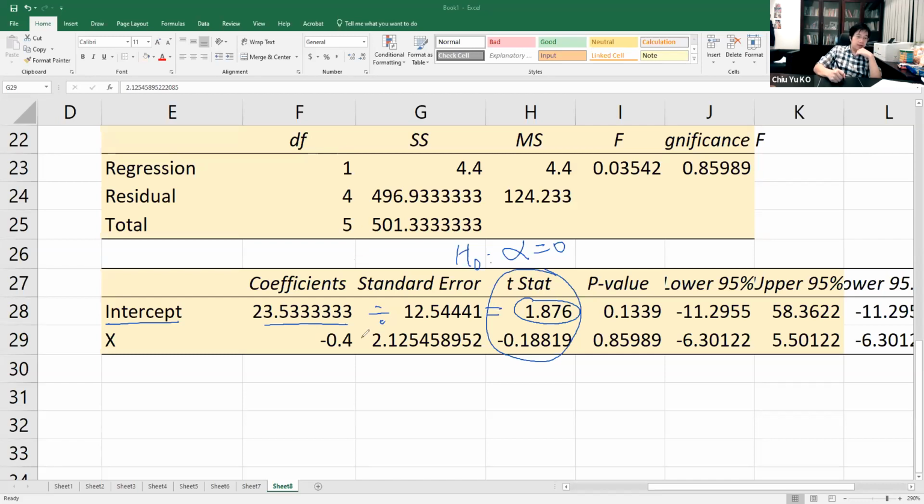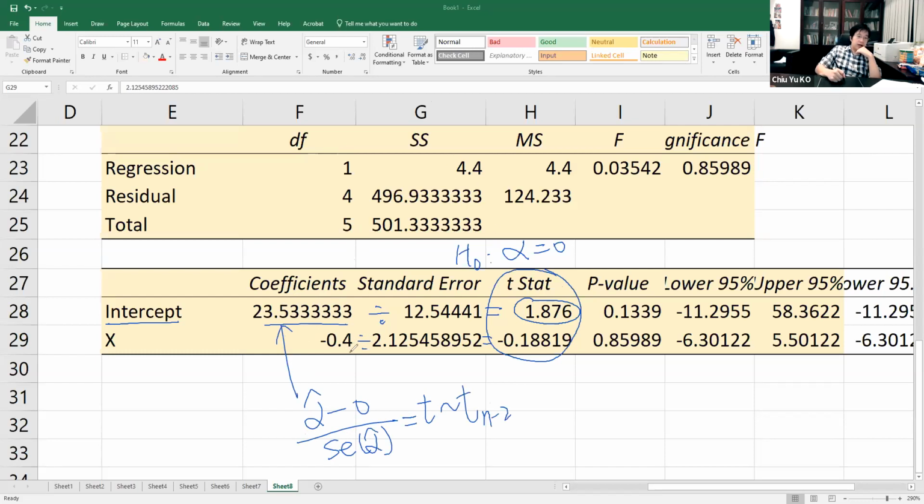Similarly, if you divide this, it should give you this number, because this coefficient is alpha hat. Alpha hat minus 0 over SE of alpha hat is our t distribution, which should follow t with n minus 2.